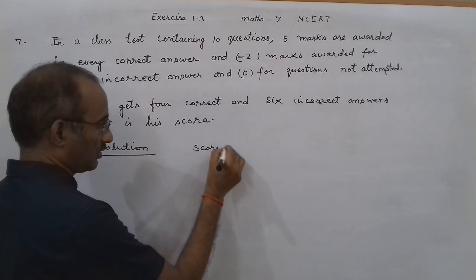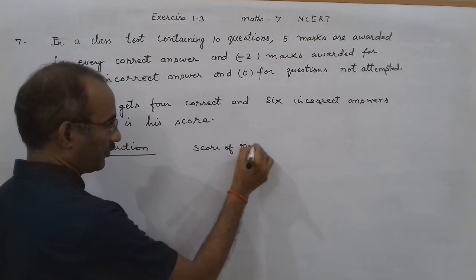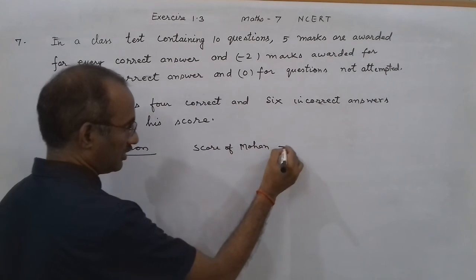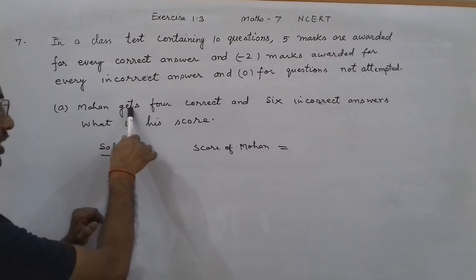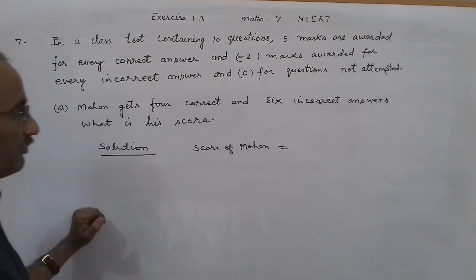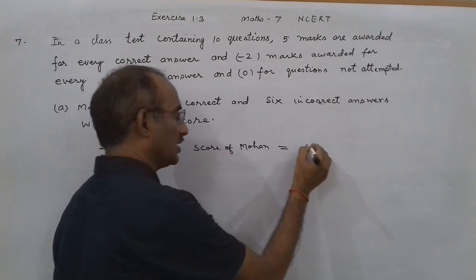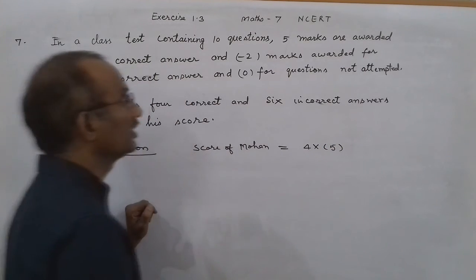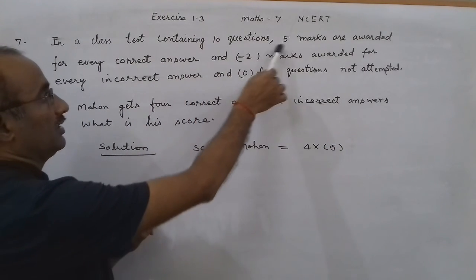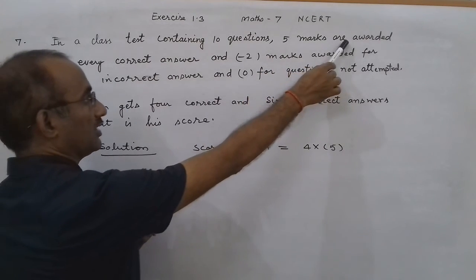Mohan gets 4 correct answers, so 4 is multiplied with 5 because for every correct answer 5 marks are awarded.